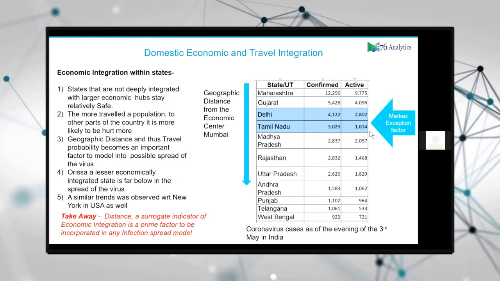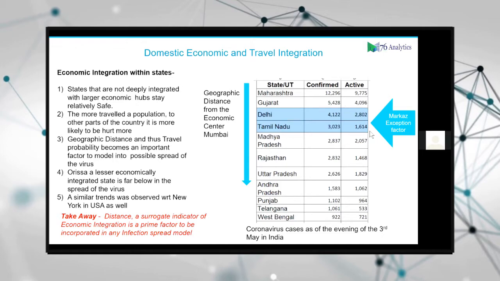Delhi is an economic epicenter in itself. Tamil Nadu is also an economic epicenter in itself. Both of them had participants in certain events that led to spreads. But by and large, as you go down the geographic distance away from the economic epicenter, you're seeing lower and lower numbers of cases.